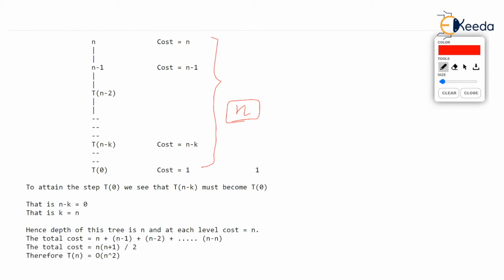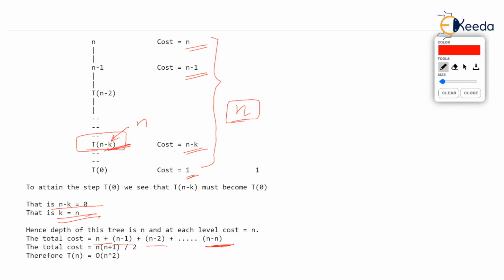Now we clearly know the costs, isn't it? We simply add all of them. So if we add this, watch it, that n minus k has to be 0. I have written this observation again. If k becomes n, only then this is possible. So what is the total cost? Cost is n plus n minus 1 plus n minus 2 up to n minus n. Observe, we will reach T(0) when k becomes n.